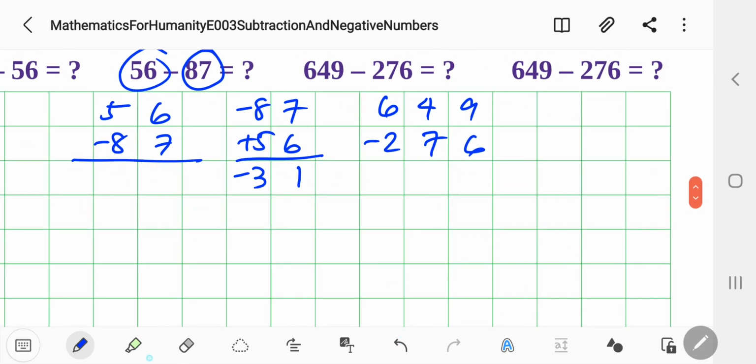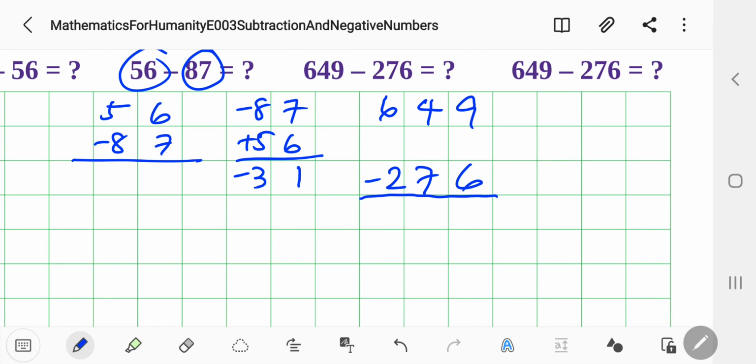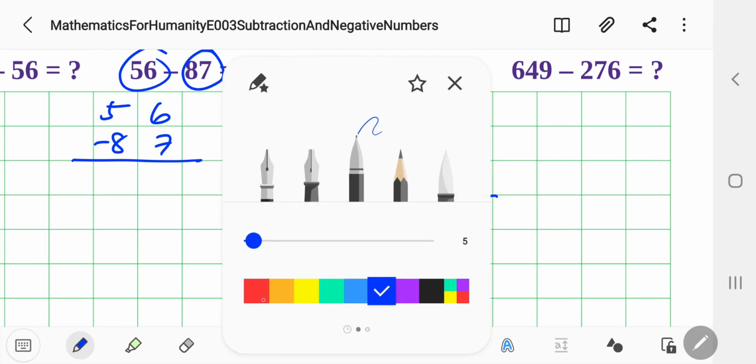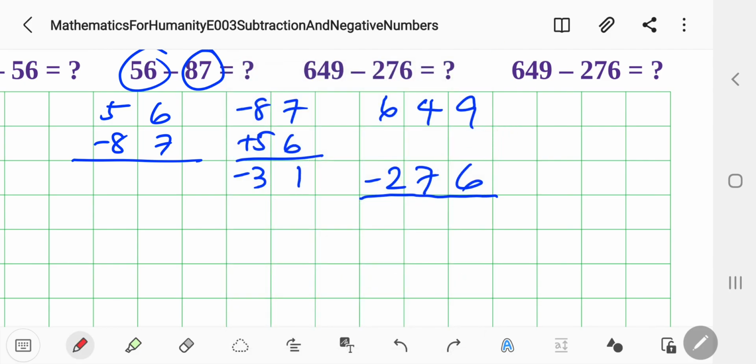So let's do this. So you have 649 minus 276. You do this like that. 9, you can bring down 9 because 9 is bigger than 6 here. And then 4, you can put 4 here, but 4 is less than 7. It's smaller than 7, so you can borrow 10 from the next number to the left.